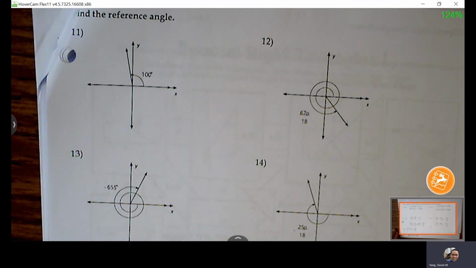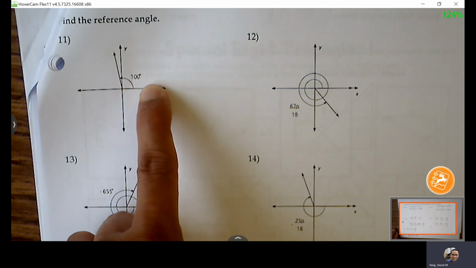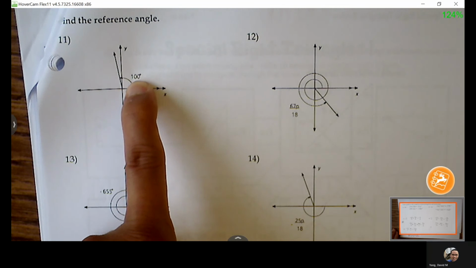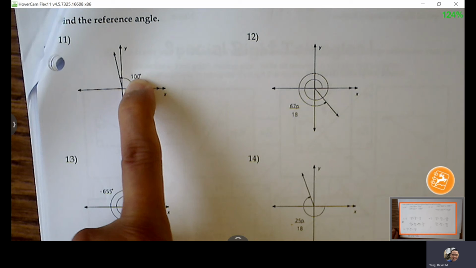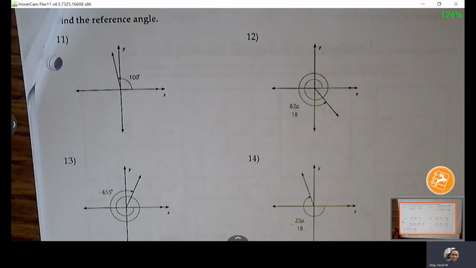Okay, so again, for instance, for number 11, the idea with reference angle is we want to be able to identify where that angle is. So this one is pretty easy. 100 degrees is going to be in the second quadrant.